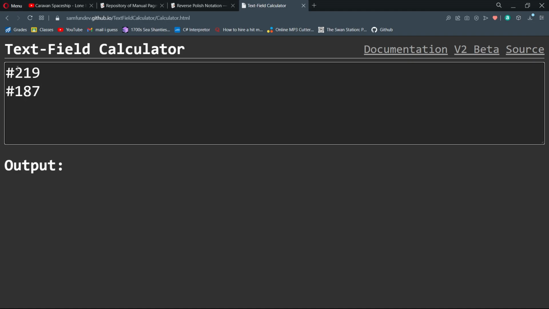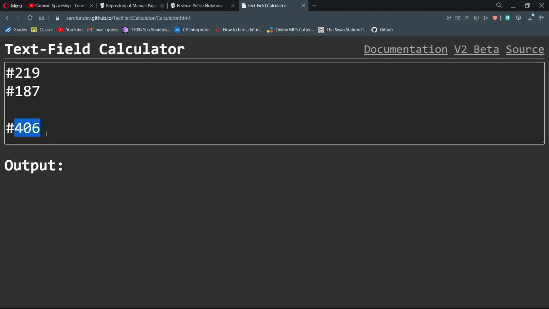If we were to add these up, 9 and 7 becomes 6, we carry the 1. 1 plus 1 plus 8 becomes 0. Carry the 1. 1 plus 1 plus 2 becomes 4. So the answer in normal addition would be 406.